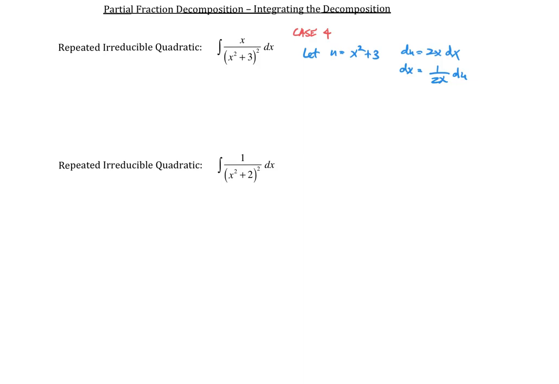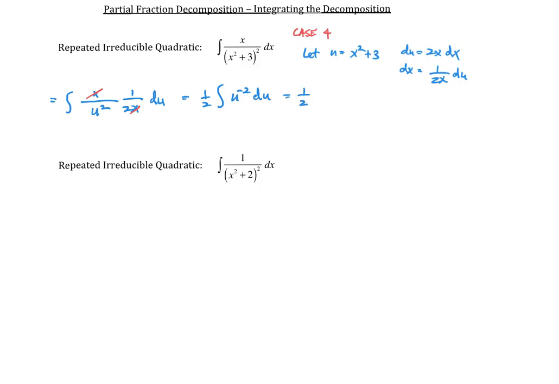Okay, let's make our substitution. So our integral is going to become the integral of, let's temporarily leave the x there. Let's hope it cancels. When I make my substitution, I get u squared in the denominator. And I'll replace the dx, I get 1 over 2x du like this. And we can see that the x's cancel out, which I need to happen when I do substitution. I want everything in terms of u. So now I pull out the 1/2, and I convert this into exponential form like that. And I know how to use the power rule to integrate u to the -2.